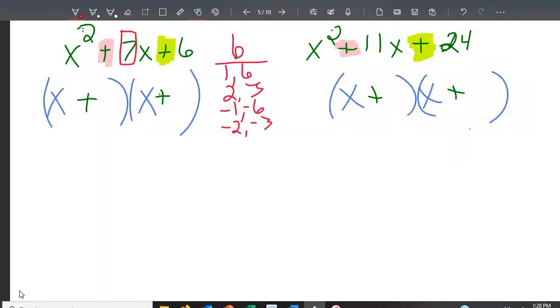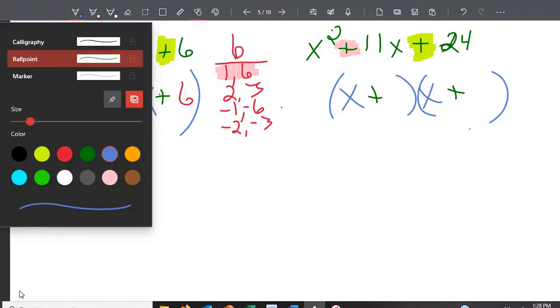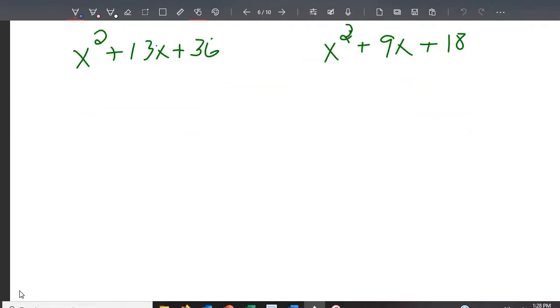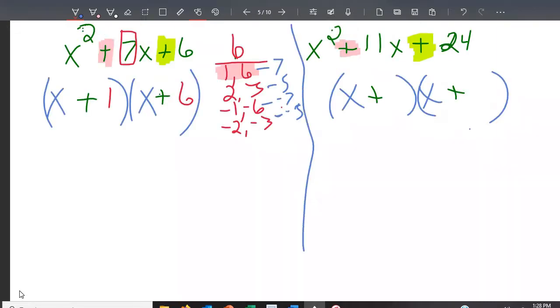Now, I want the pair that adds up to be 7. Now, look at the first pair. 1 plus 6 is 7. So we would put the numbers 1 and 6 in the parentheses. It would probably be a good idea if you added those numbers. That gives me 7, that's 5, that's negative 7, and negative 5. It might be a good idea to add them so you can see which numbers work.